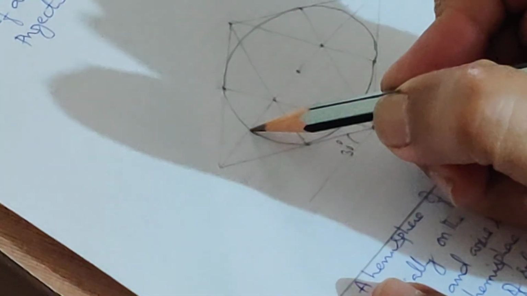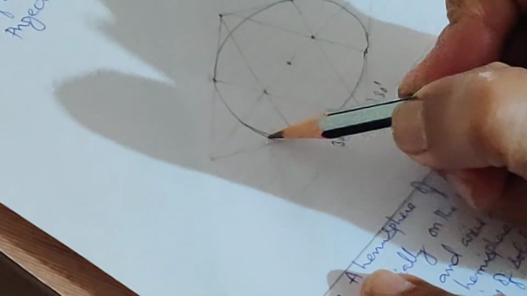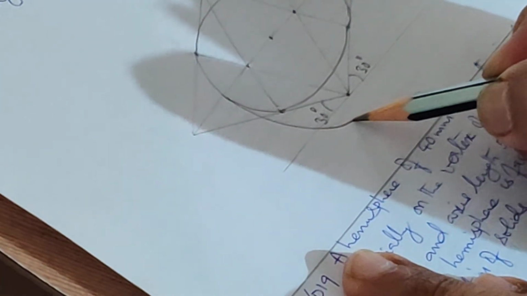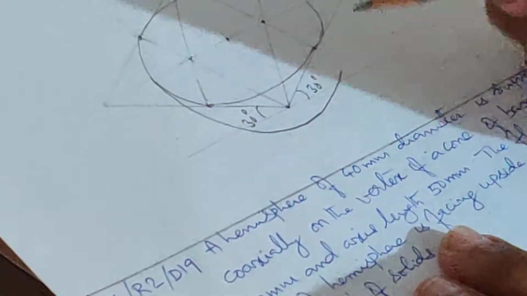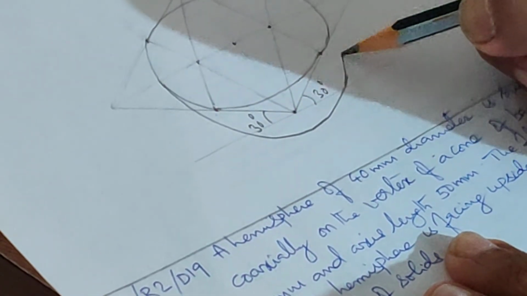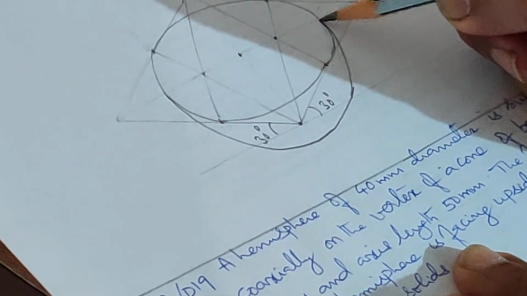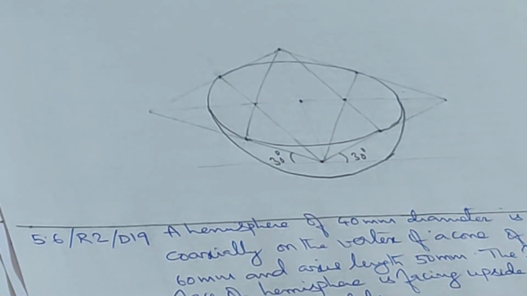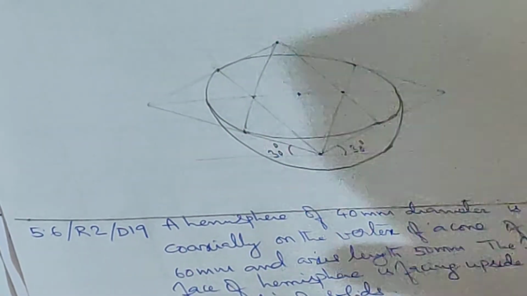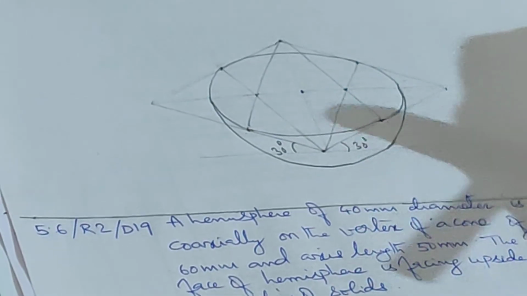You draw the arc. So that is the hemisphere. In other words, it is the half sphere. You have taken a full sphere and cut it exactly at the center.